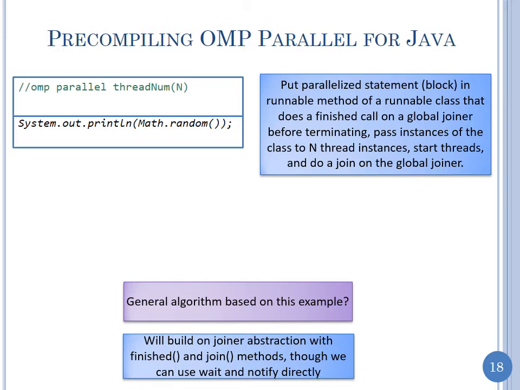It is some statement. And if we have to use Java, we have to put our parallelized code into a method called the run method, which has to be put into a class, which in turn has to implement the runnable interface. So we wrap this code into this method and class.